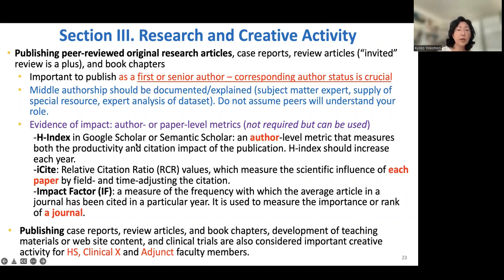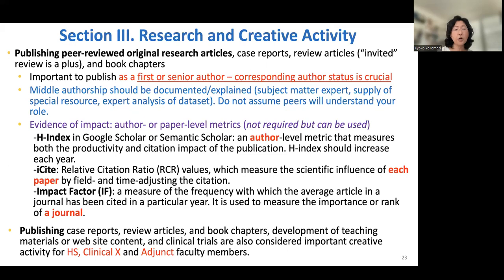For the publications, if you publish a paper in high impact factor journals like Cell, Nature, Science, you can definitely mention the impact factor, right? That really suggests that your paper is considered significant. That's why you're able to publish in these journals.